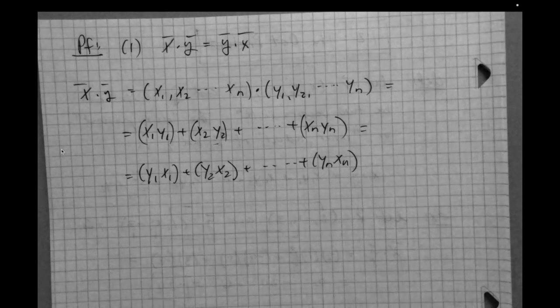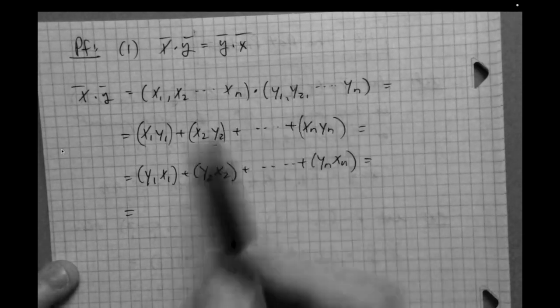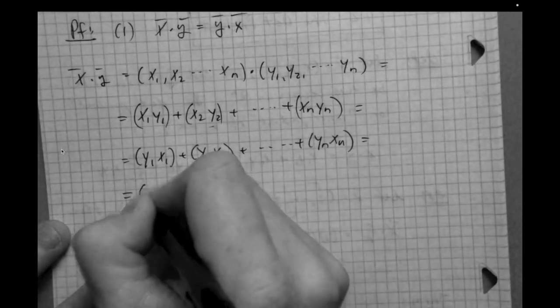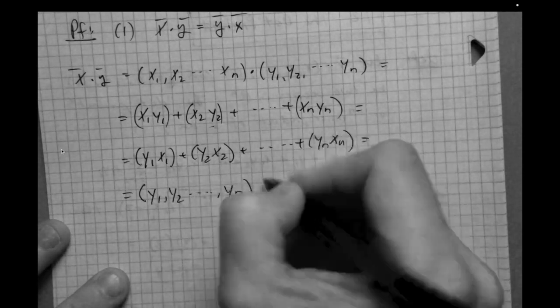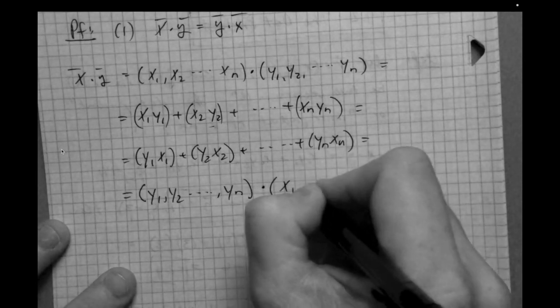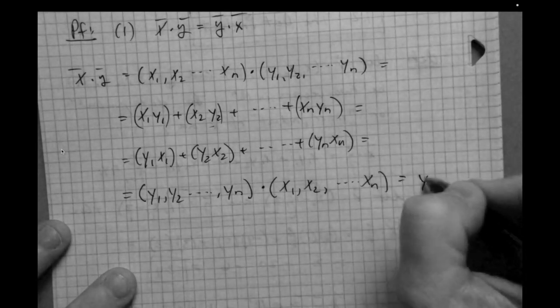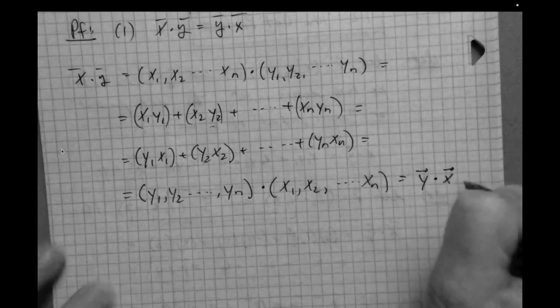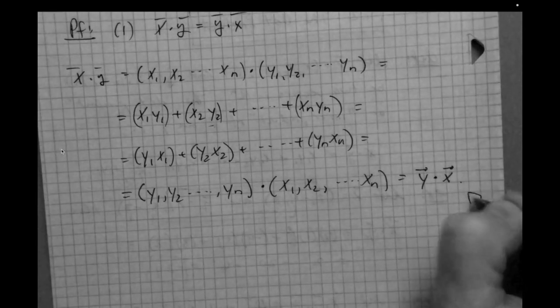I can reverse the order, and then I can pull them apart again in just the same way as I did up here. So this is equal to the vector y1, y2, ..., yn dotted against x1, x2, ..., xn, which is of course y dot x. Okay, so x dot y equals y dot x. So the dot product is a commutative operation. That proves one.